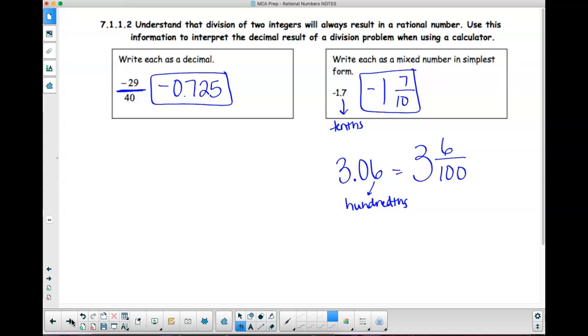Can I simplify that? You should always simplify it, which I can. I can divide these both by 2. So it'd be 3 and 3/50ths. Okay? Remembering? Is this coming back to us a little bit?